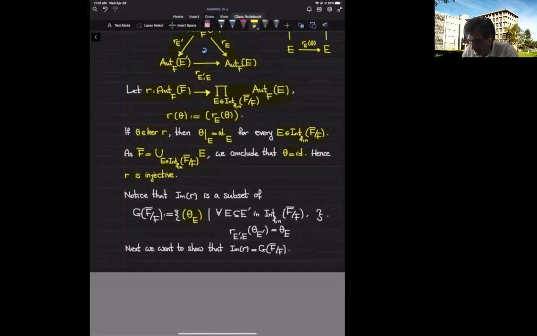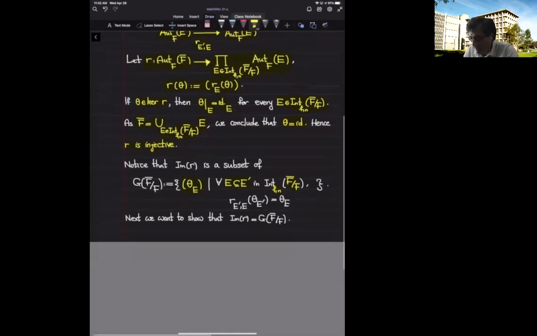Now, in this direct product, I consider those elements that have this kind of compatibility property: if E is a subfield of E prime, both of them finite normal extensions inside this F bar, then when I restrict the component associated to E prime from E prime to E, I get the component for E. There is this kind of compatibility between these automorphisms.